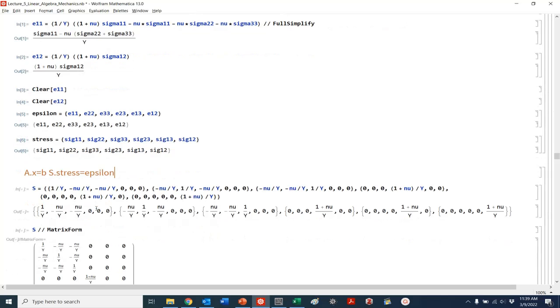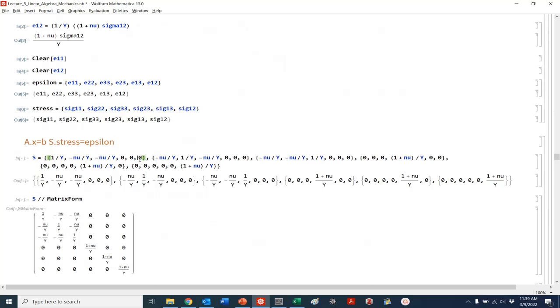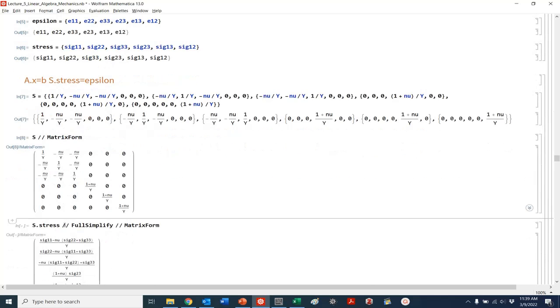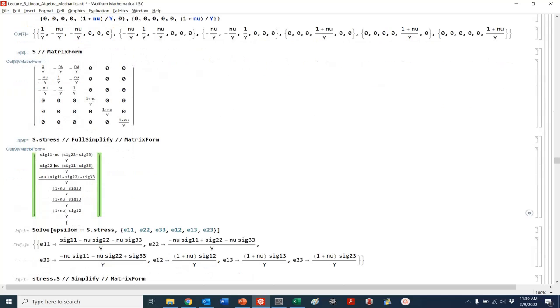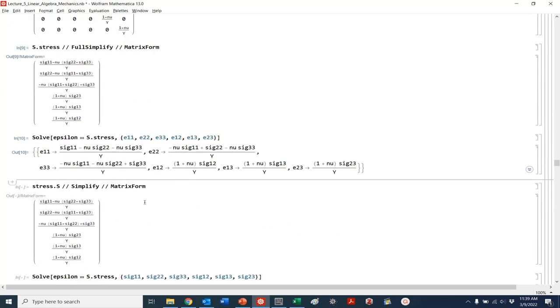So I could rewrite this equation as a linear algebra expression. I could look at this S matrix here, do S dot stress, and I'm recreating my equation here. I could also write it like this and solve for all my strain values. Exactly, we recover the exact same equation we wrote above.